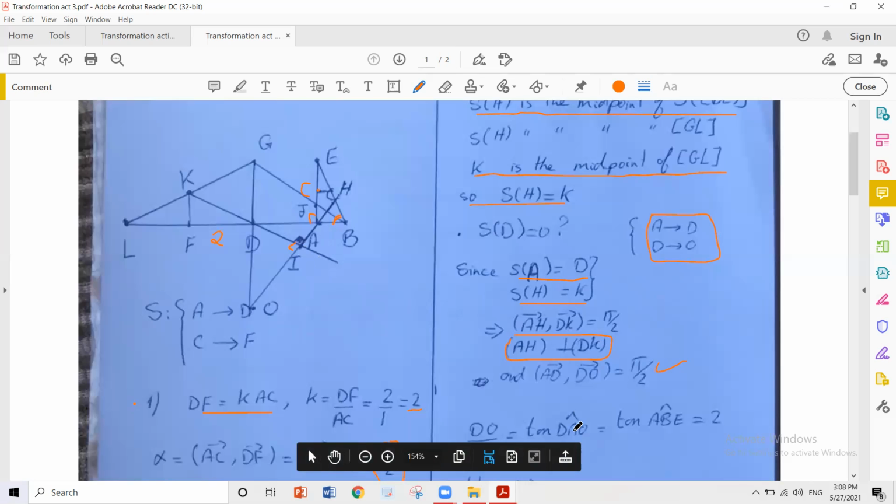I need to prove that the image of D is O. I need to prove that the length DO equals AD, that is, DO over AD equals 2.